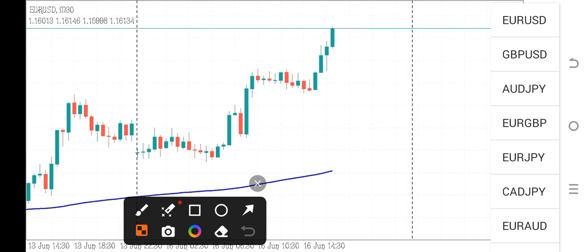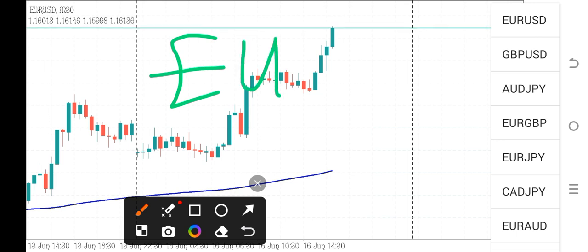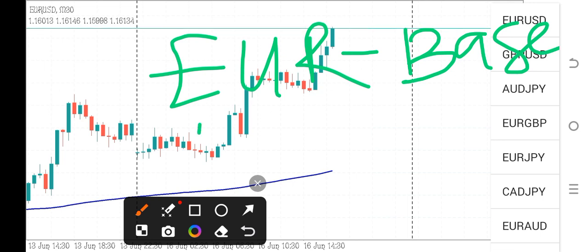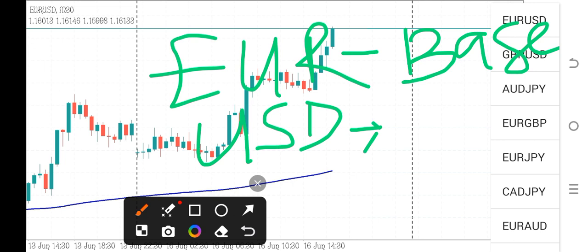Just like I said in our previous tutorial, the first currency, the Euro, is considered the base currency, while the second currency, USD, is the quote currency.